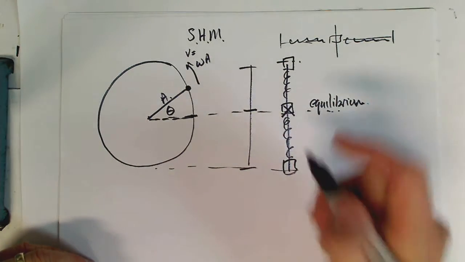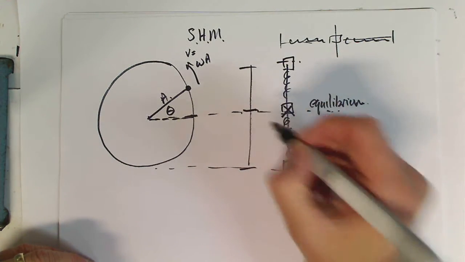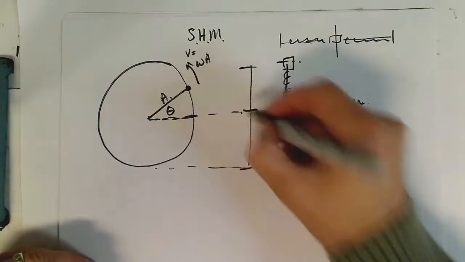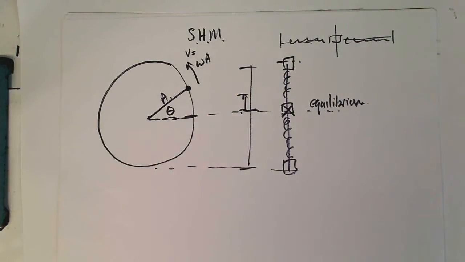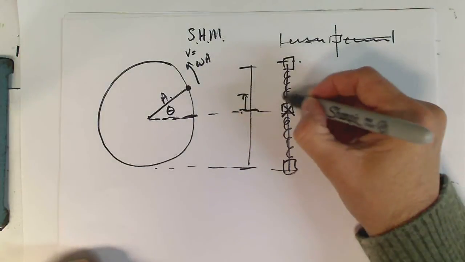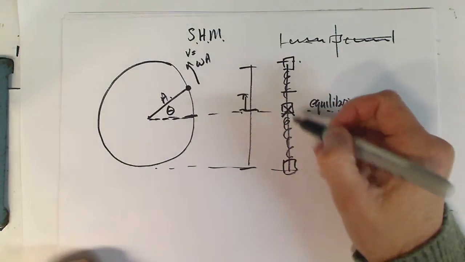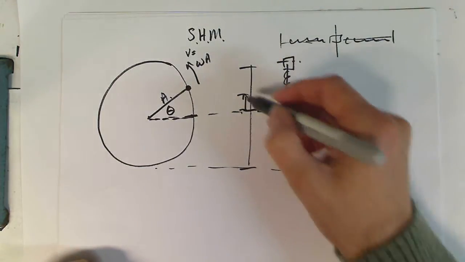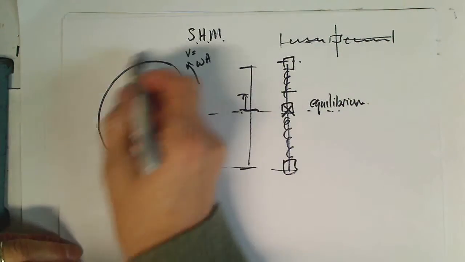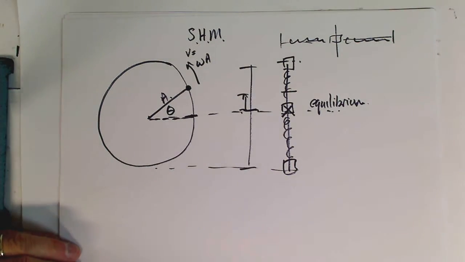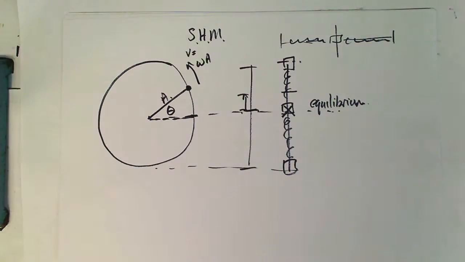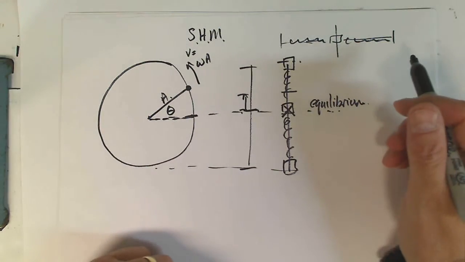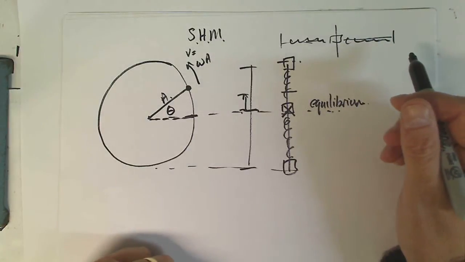So if on my vertical plane we call this the equilibrium point, then the displacement is how far away from the equilibrium is your object, i.e. how far is the mass away from the equilibrium point. And our circle, which is just a mathematical tool, the projections vertically here onto the screen give you all the information for displacement, velocity and acceleration that you want.